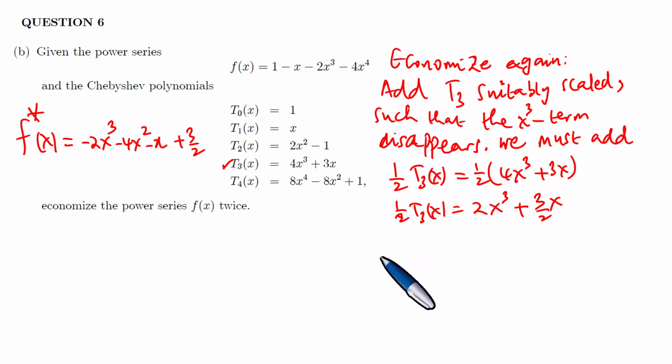This is what we're getting. And because T3 is this one, you take half of it. We continue right now and we're able to get the following.